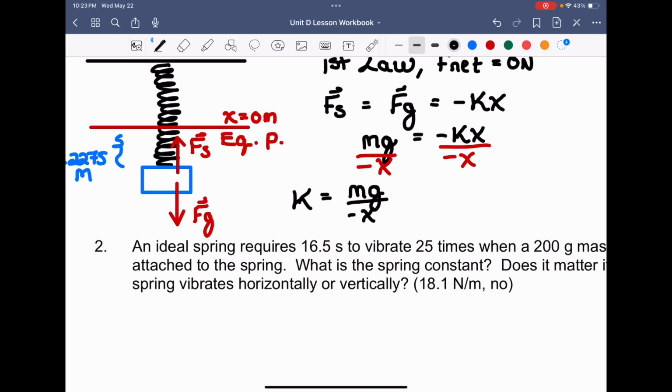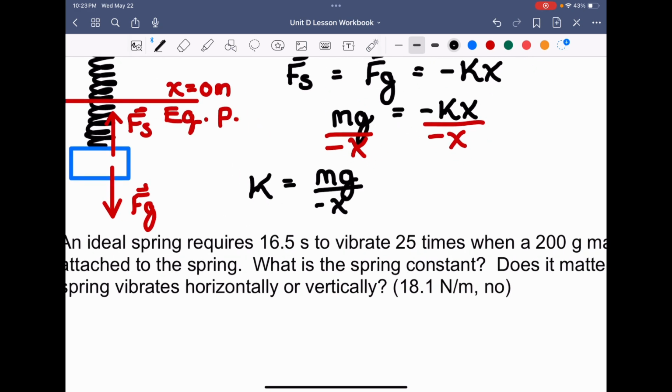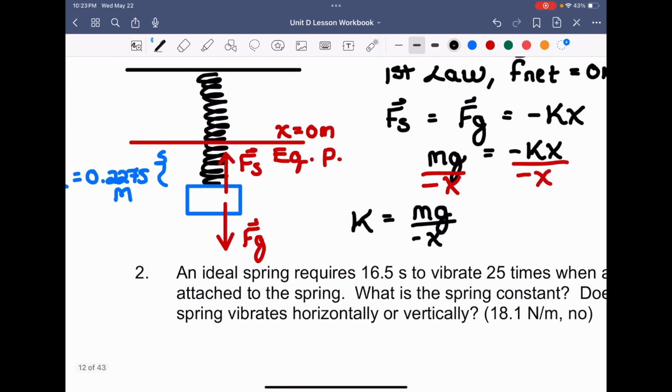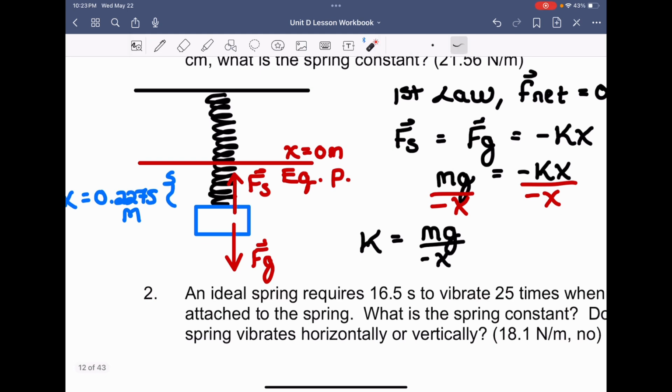Now, we clearly know that k is not negative, and so this is one thing that's really important to annotate. We look at this and we're like, we shouldn't get a negative spring constant, or else something's clearly wrong. And so rather than just moving forward with this and maybe forgetting the negative, which we could, what I want to do is think about what's actually happening in this problem. We could approach it from the two following ways. We look at this and we're like, okay, the equilibrium position is here.